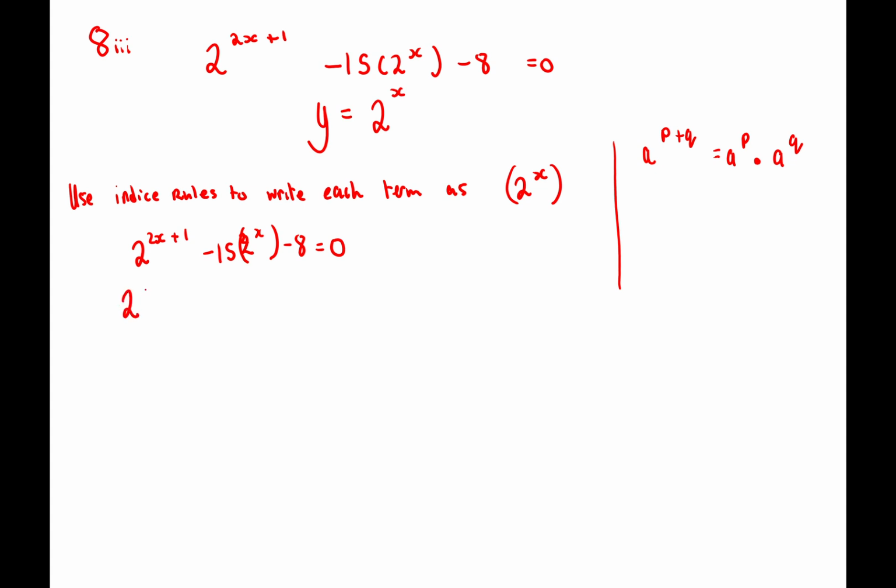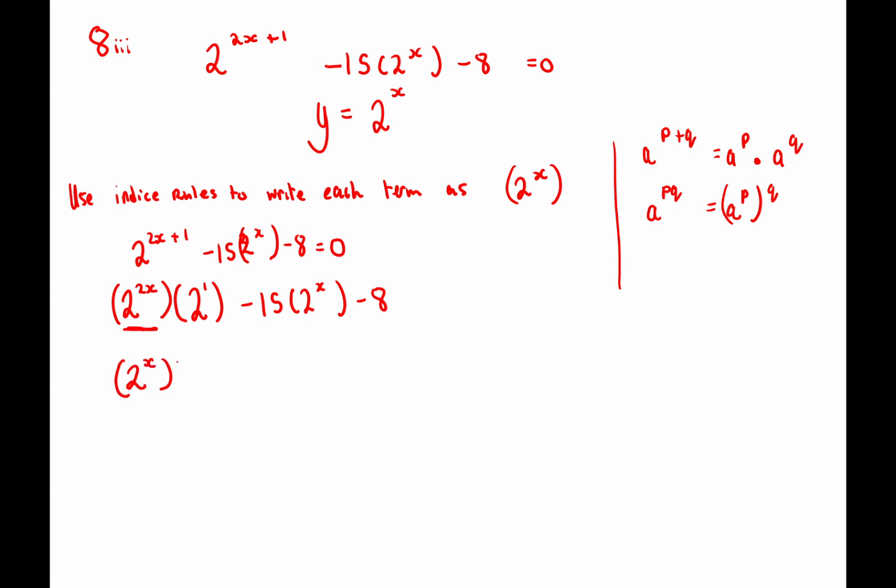So this is the same as saying 2 to the power of 2x times 2 to the power of 1 minus 15, 2 to the power of x minus 8. Remember what you're trying to get. You're trying to get a 2 to the power of x, so we're closer, but we're still not there. A to the power of p times q is the same as a to the power of p all to the power of q. So now we can write this as 2 to the power of x all squared times 2, and then the rest of your equation.